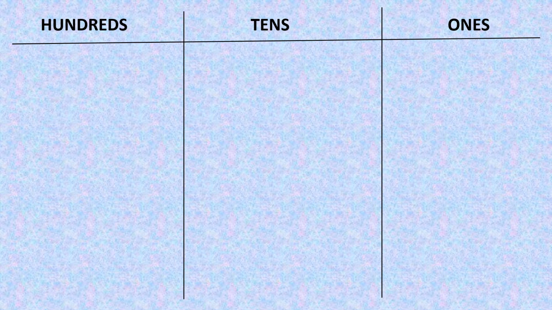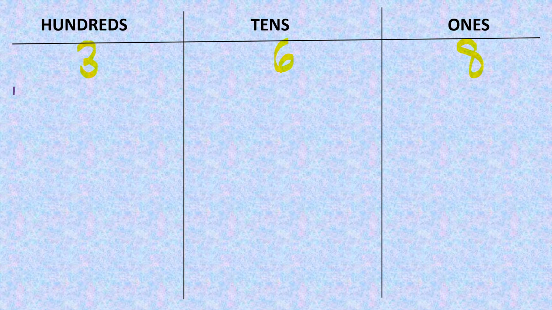Let's see what you came up with. First, I'm going to draw 368 at the top so I can see which place value I can decompose. So my number is 368.